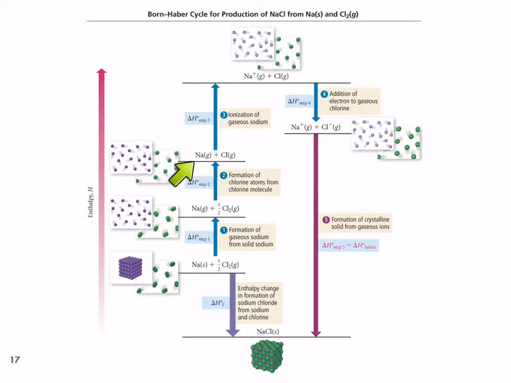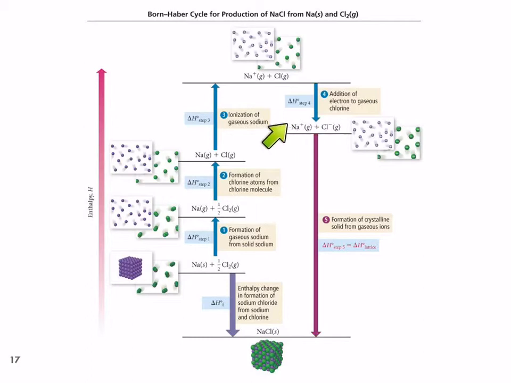Then we're going to take these sodium atoms and ionize them, and we know the energy required for that. And then taking this chlorine atom and making a chloride ion, now we're starting to come down because that was exothermic. The electron affinity for chlorine is negative.